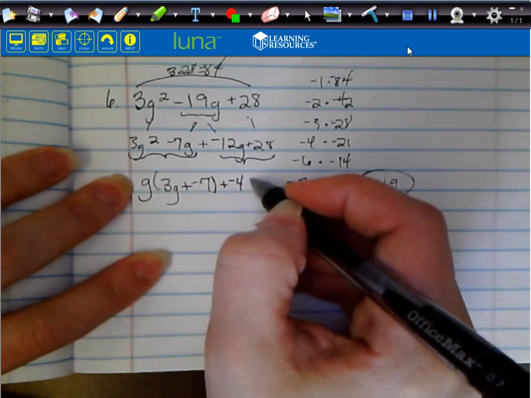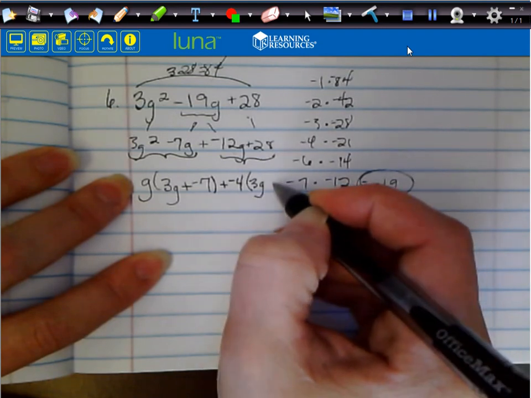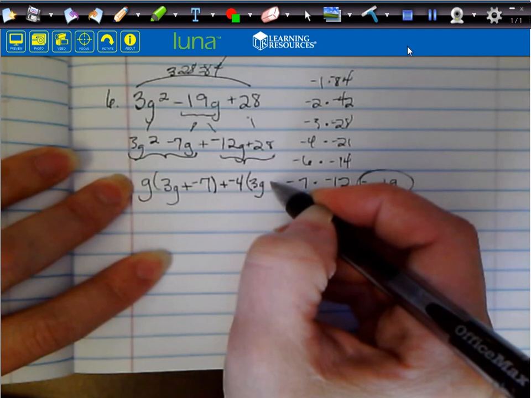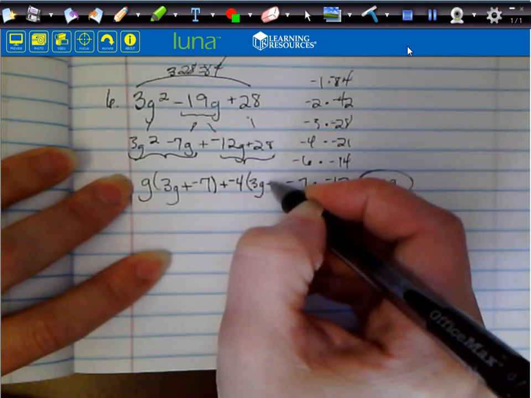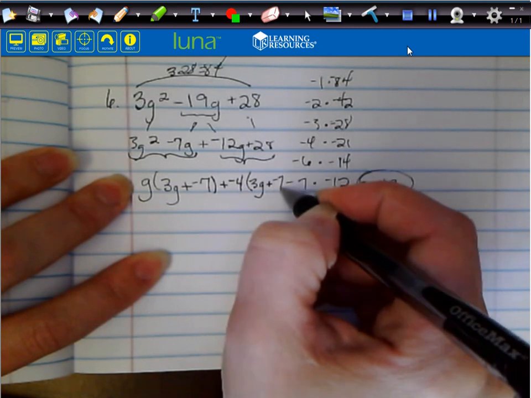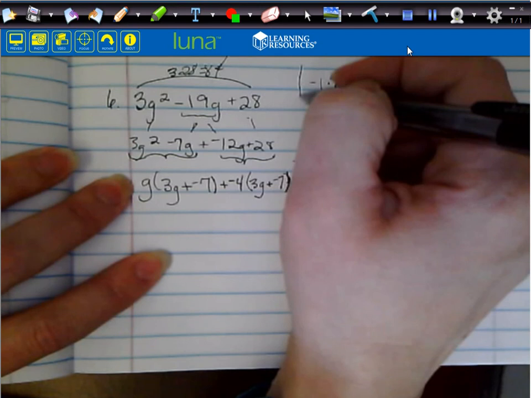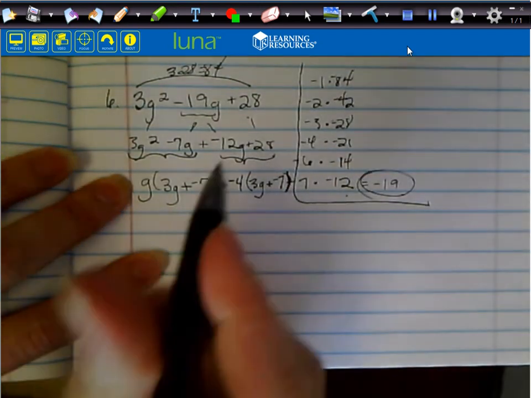Say plus a negative 4 because my 12 is negative, so I'm going to factor out a negative 4. And it's going to give me 3g. And then negative 28 divided by negative 4 is going to give me negative 7. So plus a negative 7. Okay? Remember, this was just my factors over here. That's not related to the problem anymore. So now in my parentheses, I have the same thing.